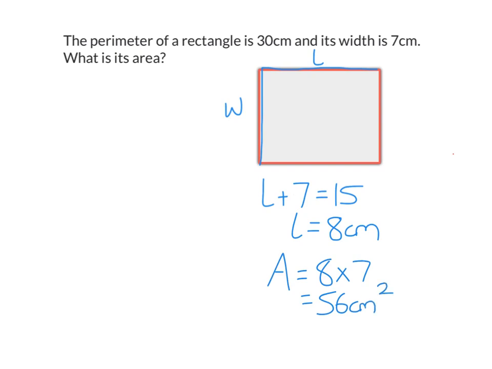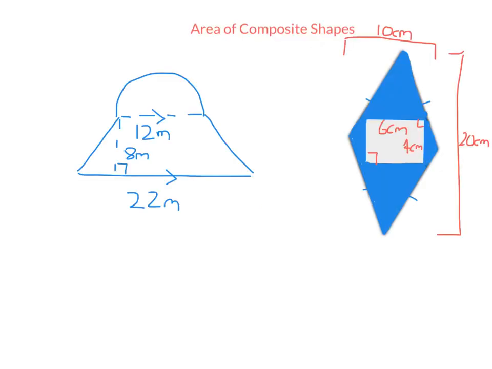All right, let's now look at finding the area of composite shapes. Composite shapes are where you have 2 shapes stuck together, like here, or one shape cut out of another, like we do here. In the first one, we're just going to find the area of the 2 shapes and add them together. Here, we're just going to find the area of the big shape minus the area of the small shape.